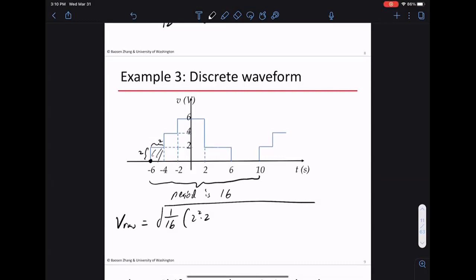For this block I have 4 squared times 2. 6 squared times 4 for this block. 2 squared times 4 for that block. That's all I have. Put it in, and this is 3.53 watts. Any questions about this one?